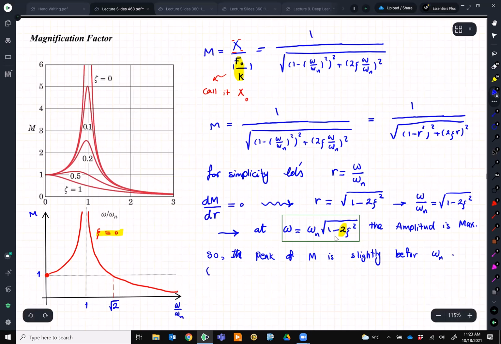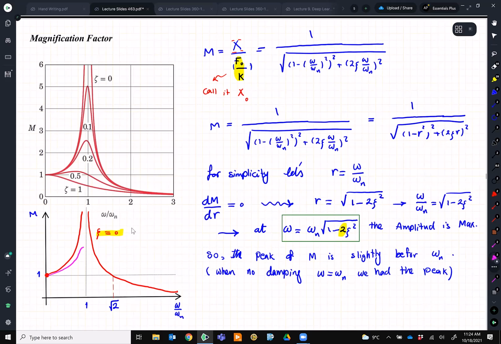So if you remember, in the case of no damping, omega equal to omega n gives us the resonance, right? We had resonance. But in this case, it's slightly before that. And another difference is this time it's not going to infinity, unlike zeta equal to 0. If I plot the graph, I'm going to get a graph like this one, and it ends up somewhere, and it's not going to cross square root of 2 this time.